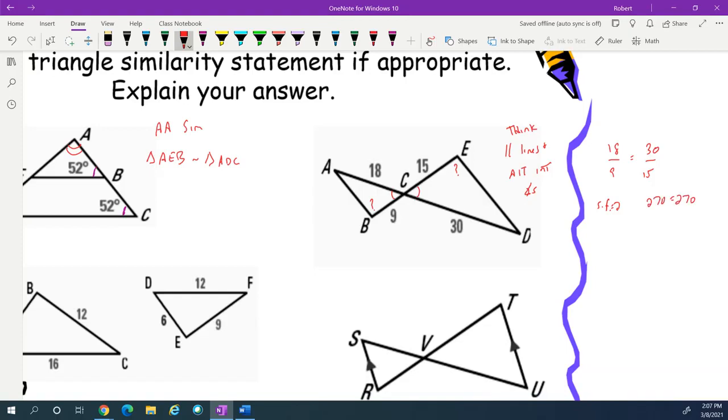So this is SAS similarity. Triangle CBA is similar to triangle CED. Again, these are a little bit more challenging because we're testing, not assuming those angles are congruent.